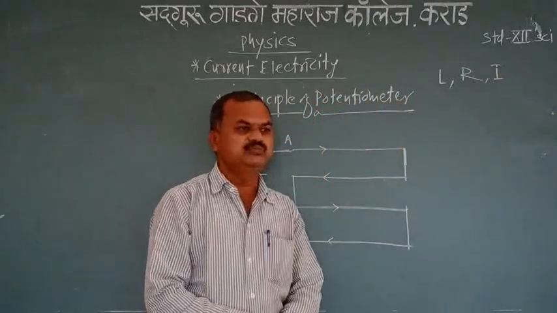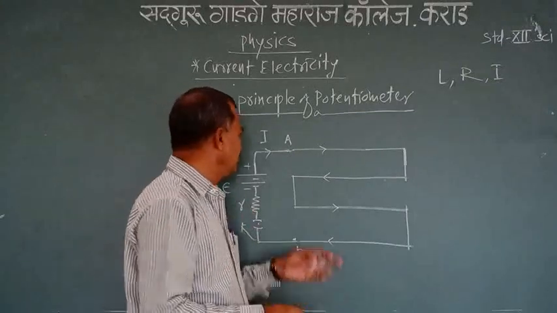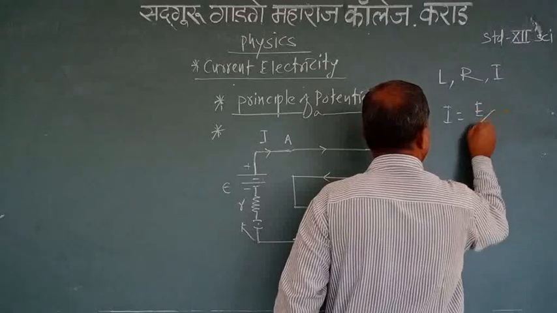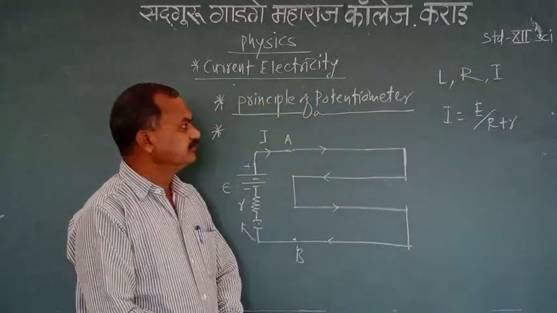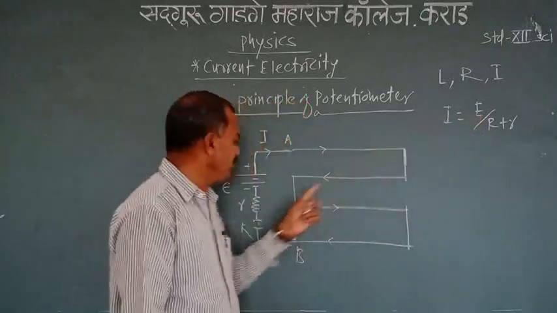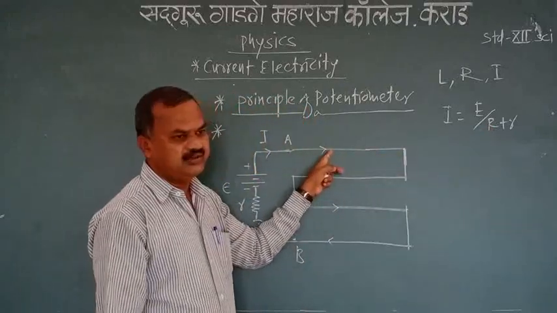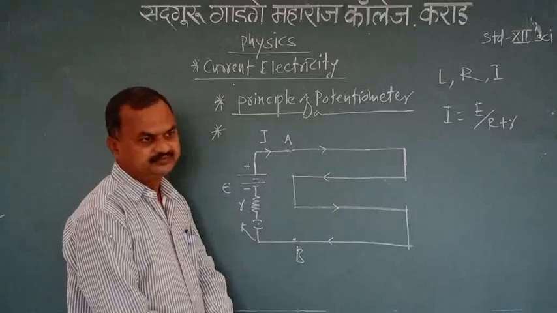Then, by using Ohm's law applied to the complete circuit, we can write I equals E divided by R plus r, where I is the current flowing through the circuit, E is the EMF of the cell or battery, R is the resistance of the wire, and small r is the internal resistance of the cell.